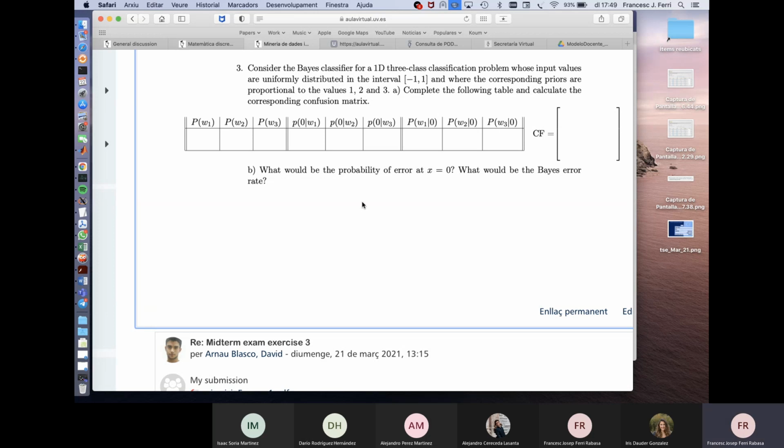But as the conditionals are the same, any weighted average of the same thing is the same thing. So this is also the unconditional. If you remember the formula, the posterior is equal to the prior times the class conditional divided by the unconditional. But this is the same. So at the end, the posterior is the prior. So whatever you put here, you have to put it there.